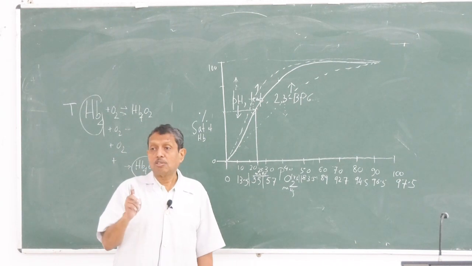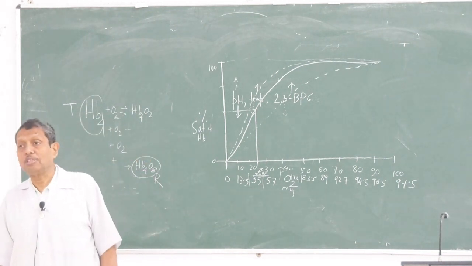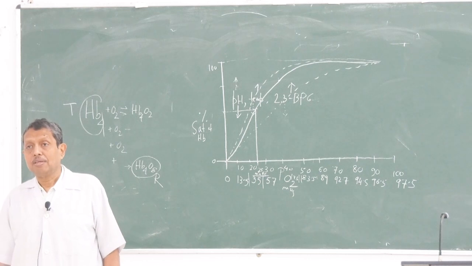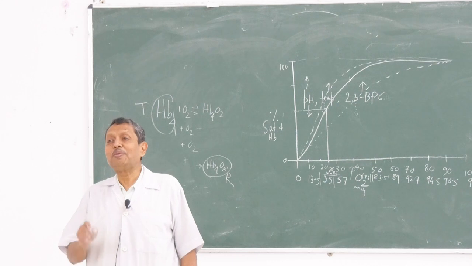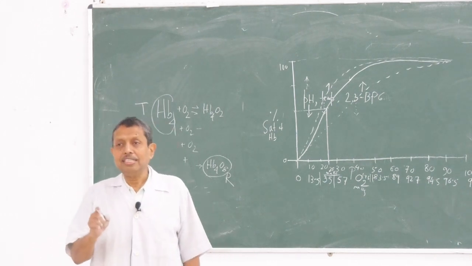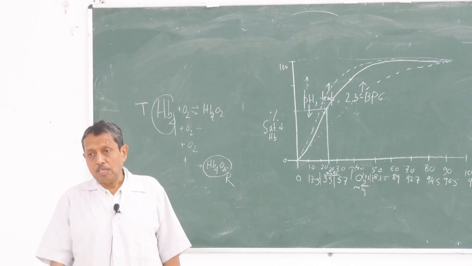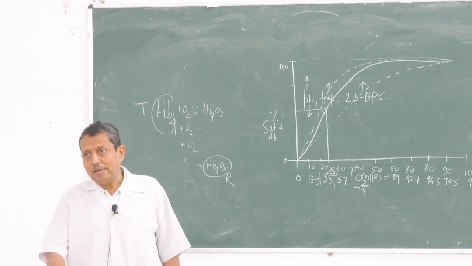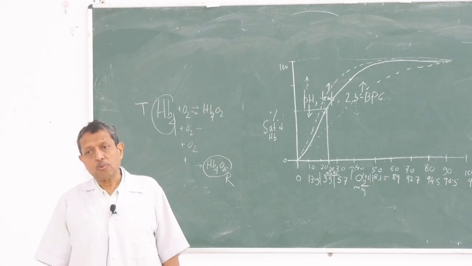It is the partial pressure of oxygen when the hemoglobin is half saturated. And P50 indicates the propensity of binding oxygen. When the P50 is more, then affinity is less. When P50 is less, then the affinity is more.